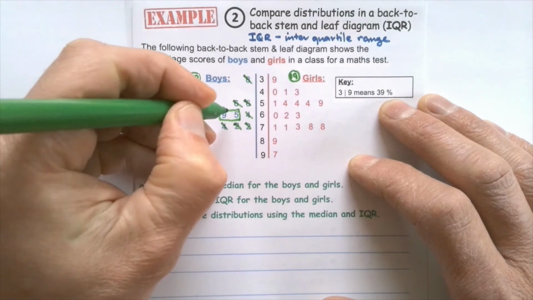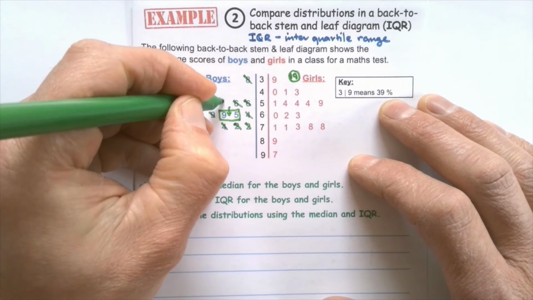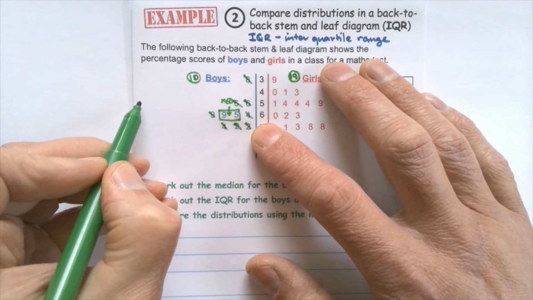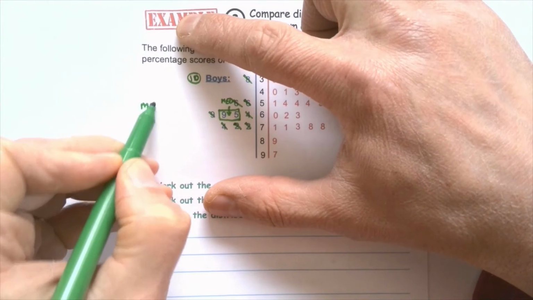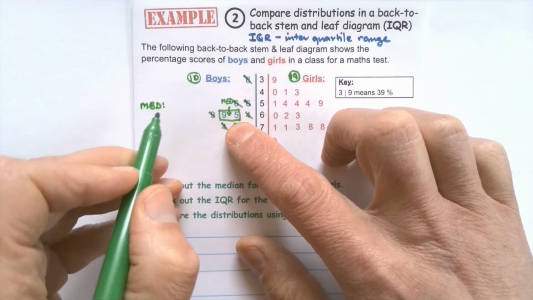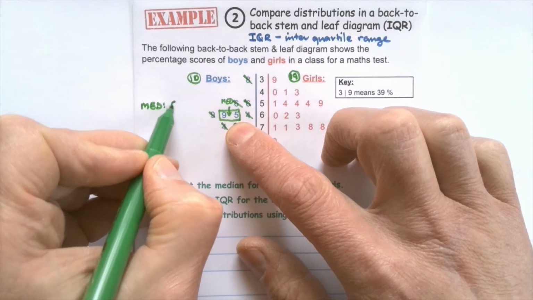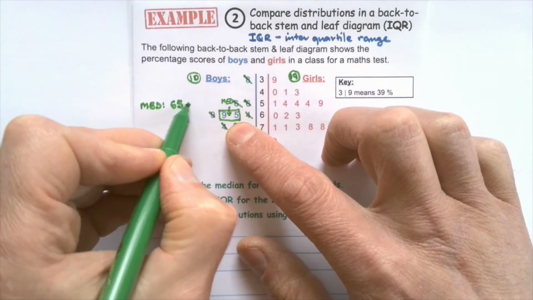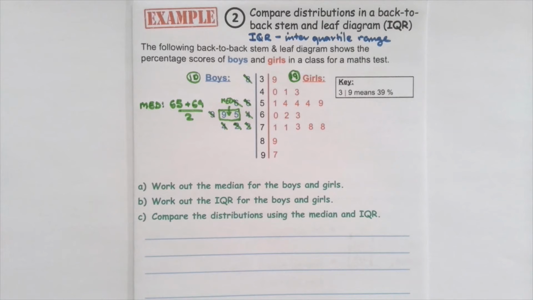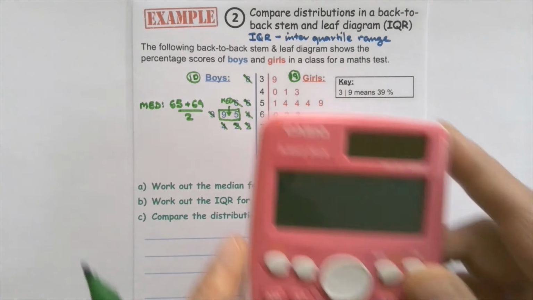Those must be the middle two numbers. So the median is going to be 65 and 69 over 2. And if we want to use our calculator, this is going to be a calculator type problem, right?